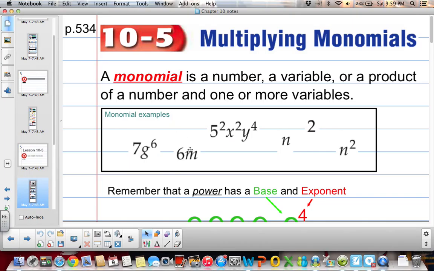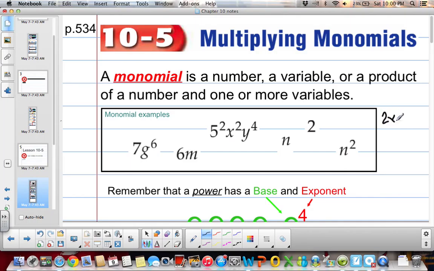So even though there's a variable and a number and an exponent in some of them, it's still just one term. So 7g to the 6th is a monomial. 6m, 5 squared x squared y to the 4th. 2 is a monomial because it's a number. N, again, is a variable, so it's a monomial. And n squared.